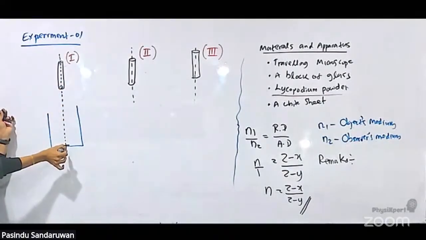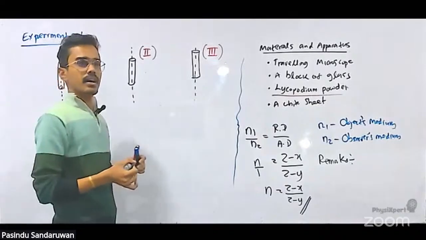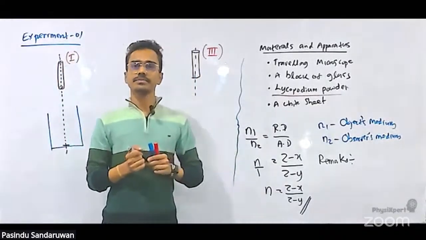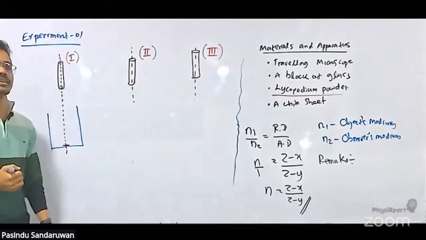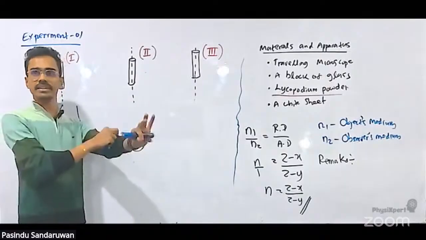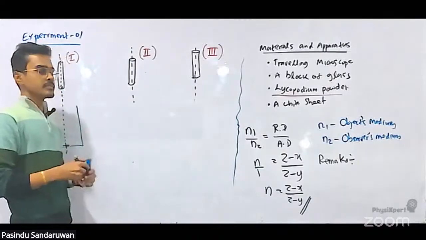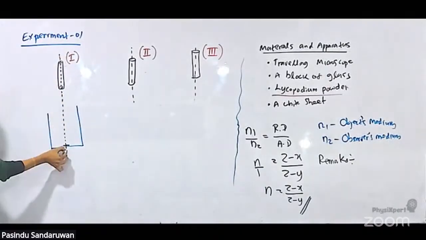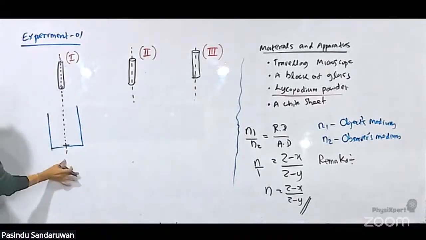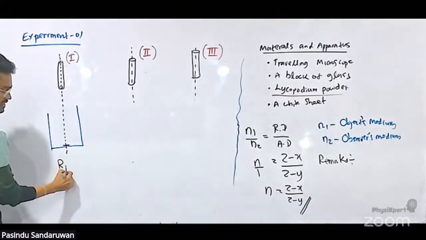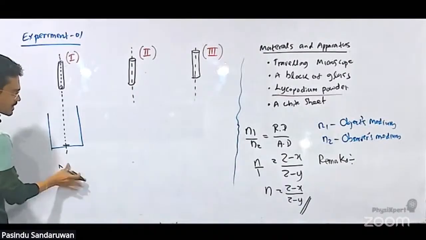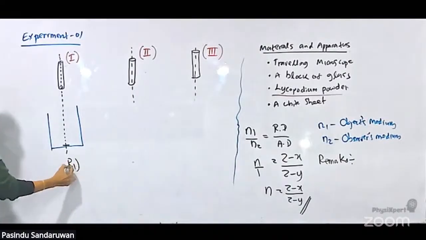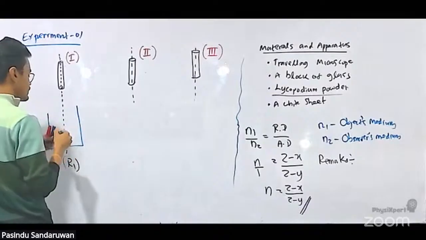These are called optical pins; in optics we call them optical pins, simply the pins we use. Then focus on the pin as before and take a reading, say r1.